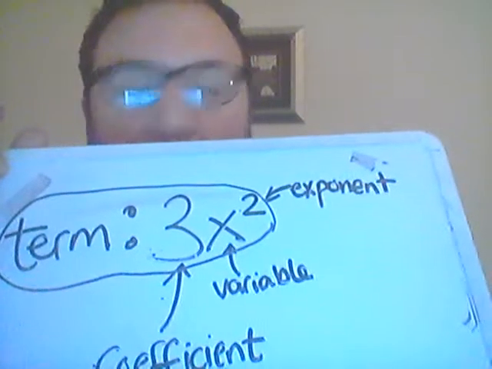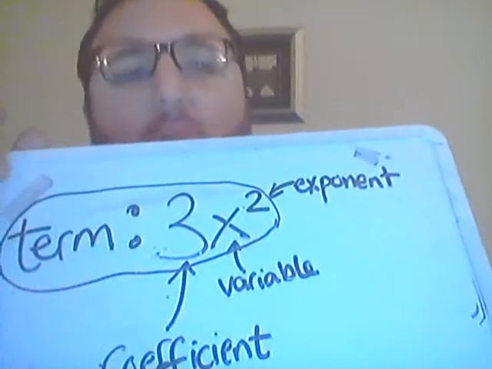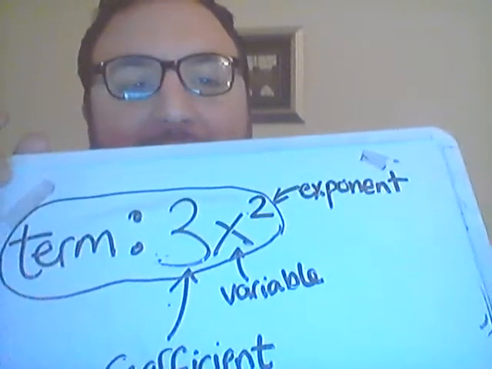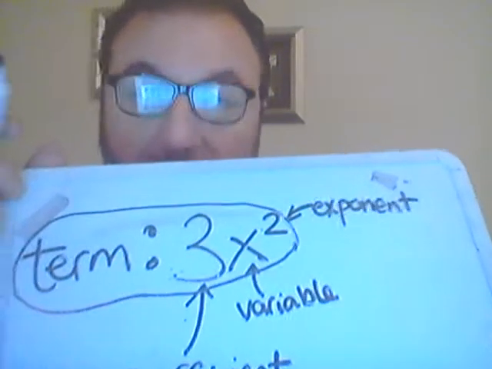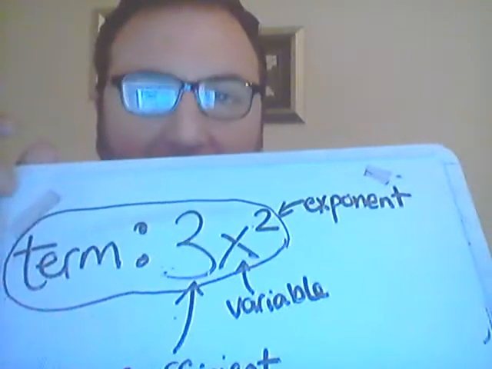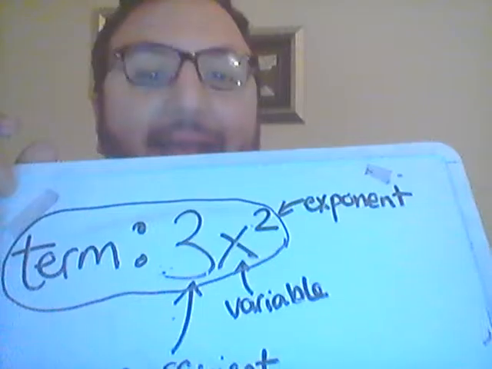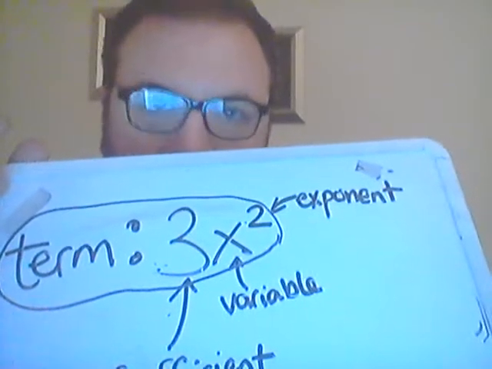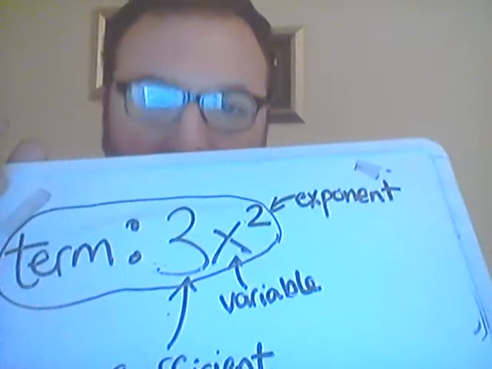This little 2 is an example of an exponent. Now, what's an exponent? An exponent represents the number of times that I have to multiply a number. It's not what I multiply the number by, it's the number of times I multiply it.